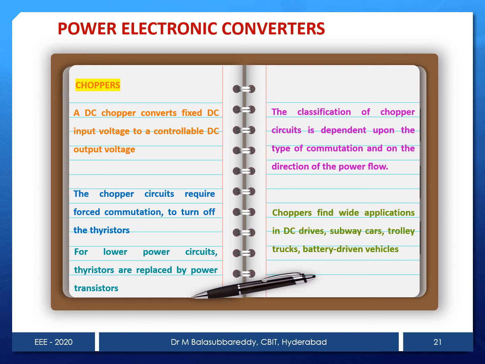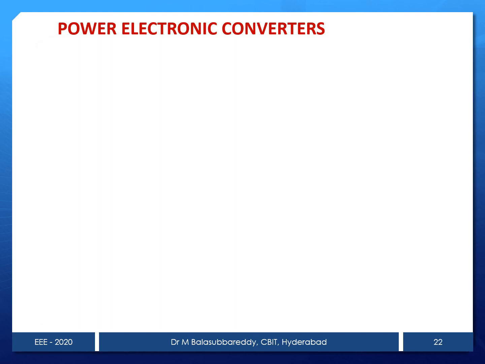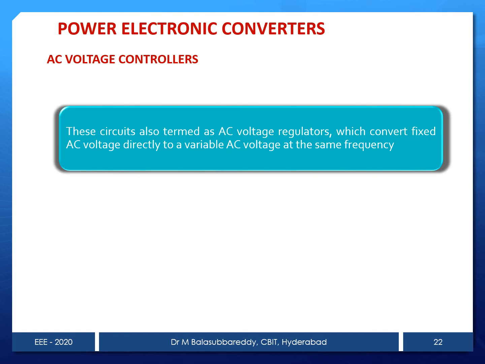We have many different types of choppers. As for applications, when our output is controllable DC, DC drives are preferably used, and also electric cars, trolley trucks and battery driven vehicles. For all these applications we use choppers.